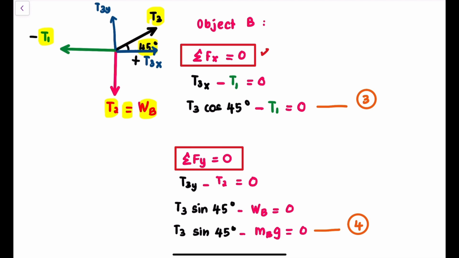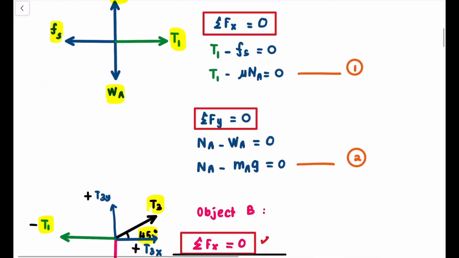T1 become negative because of to the left. So we can write for this equation. And then for the y-axis, upward T3y, downward T2. So we can write like this. Therefore, from the concept, we can write the equation for number 4.